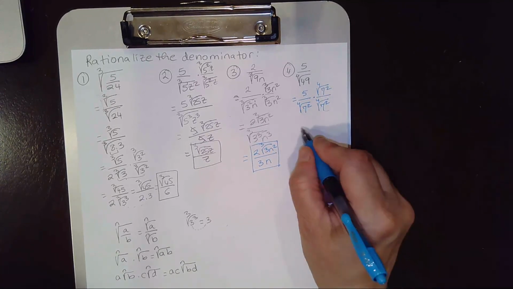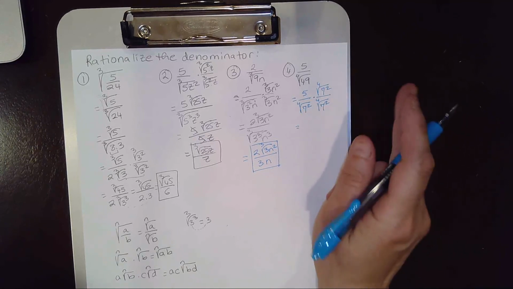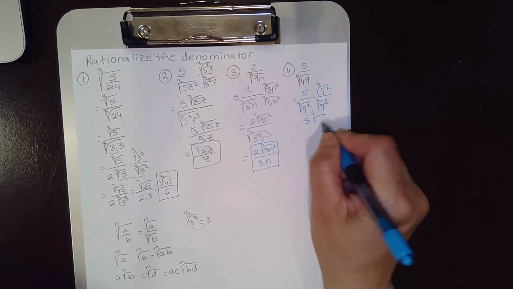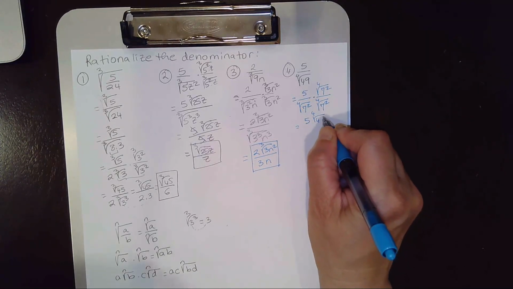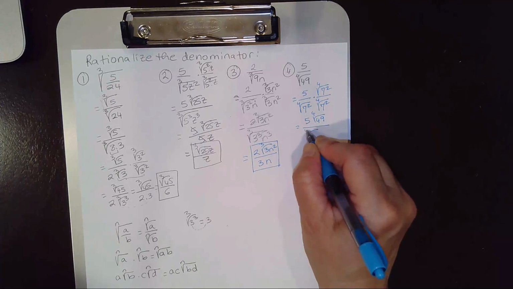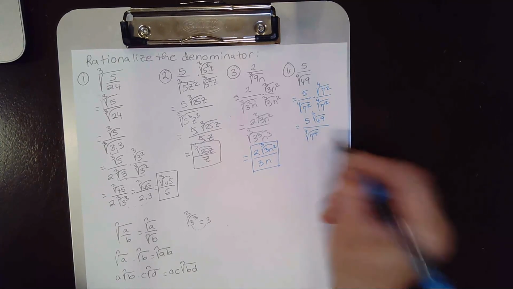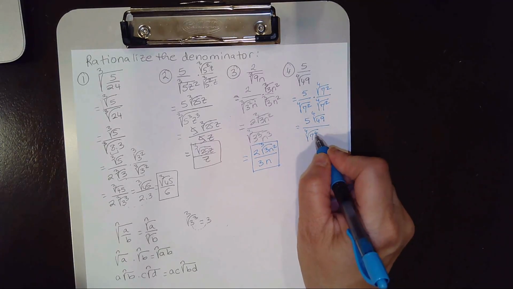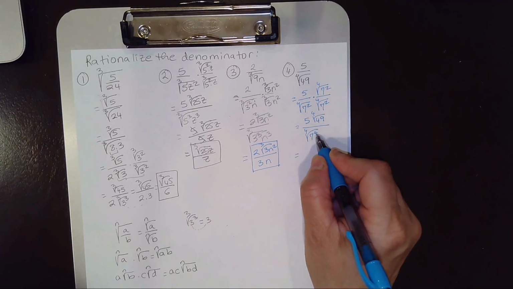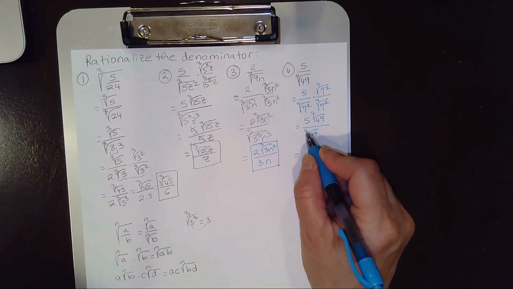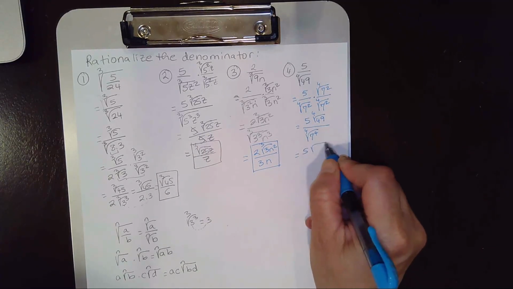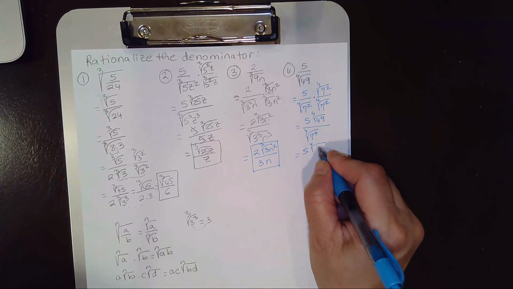So that gives us 5 times 4th root of 7 squared, which is 49, divided by 4th root of 7 to the 4th power. The 4th power cancels the 4th root, so the 7 comes out. You have 5 times 4th root of 49 divided by 7.